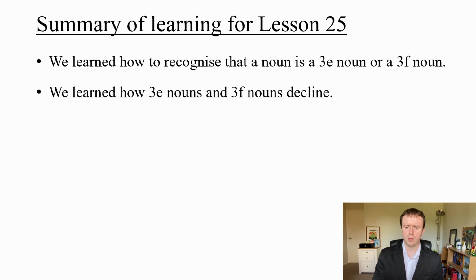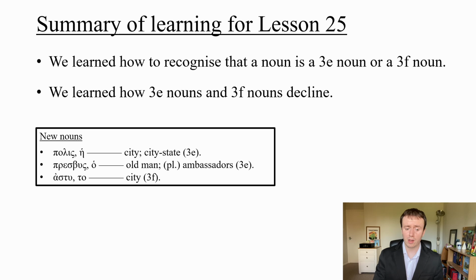Secondly, we learned how 3E nouns and 3F nouns decline. And we've learned 3 new words: polis, meaning city or city-state, presbus, meaning old man in the singular, but ambassadors in the plural, and astu, meaning city.